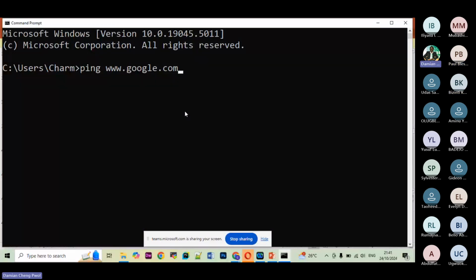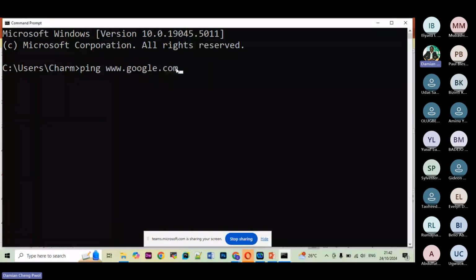What we mean by ping is to test the connection between my system and the remote server. The remote server is Google, www.google.com. It's just to test if there is communication between my system and the Google server. If I do that, you will get a message like this.